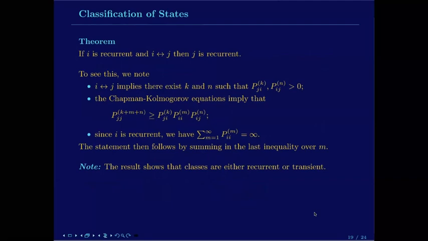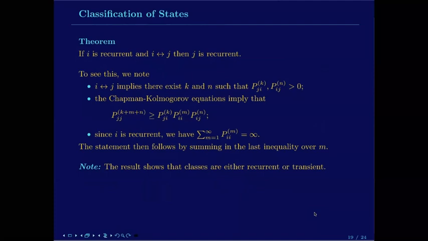Now, the classes become important because the main properties that we have for Markov chains are actually class properties. So, for instance, if a state i is recurrent and it communicates with another state j, then j is also recurrent.